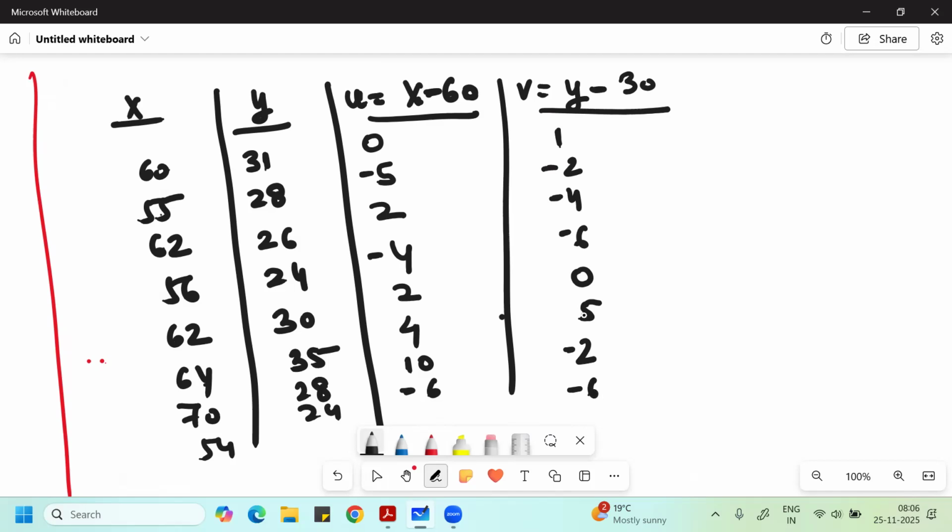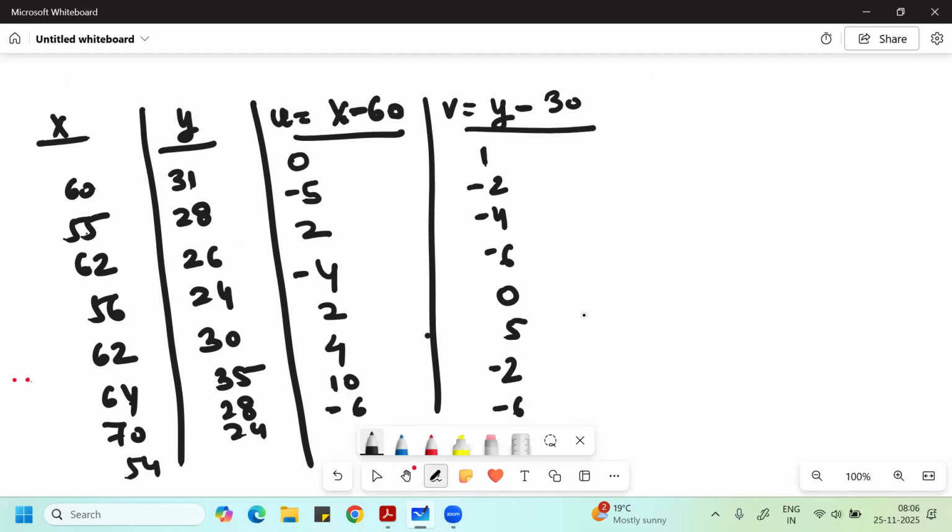So I just introduced these two variables u and v. My u is 0, minus 5, 2, minus 4, 2, 4, 10, minus 6. My v is 1, minus 2, minus 4, minus 6, 0, 5, minus 2, minus 6.